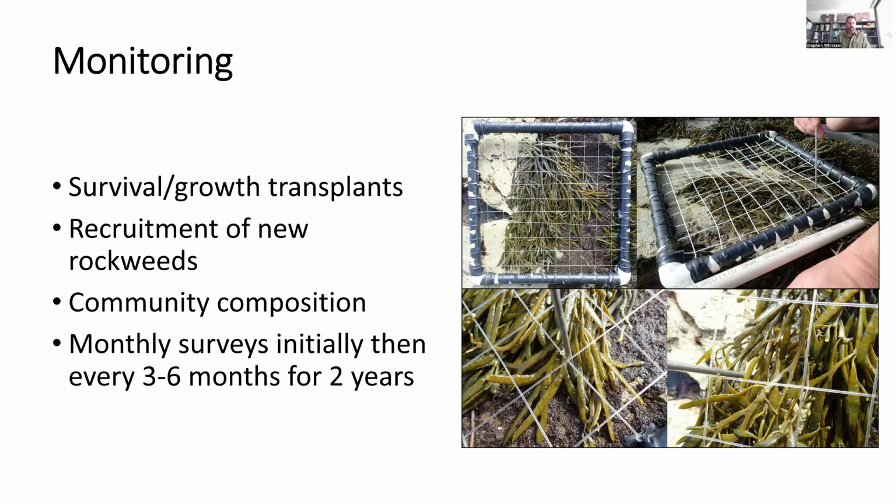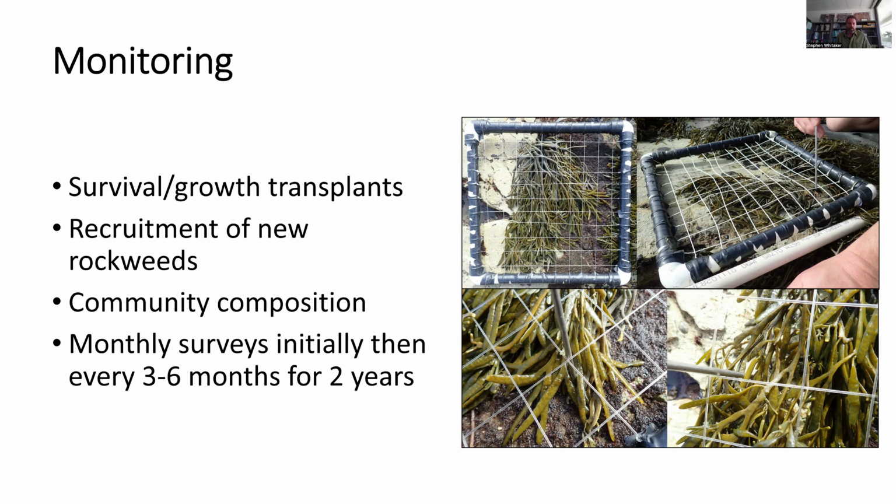But in those cases, we used proxy species to determine the right zone. So, for example, there's a red alga called Endocladia that is commonly in the same intertidal gradient as Silvetia, and so that was generally present. So we would use that to help us identify the tidal range to put our plots.